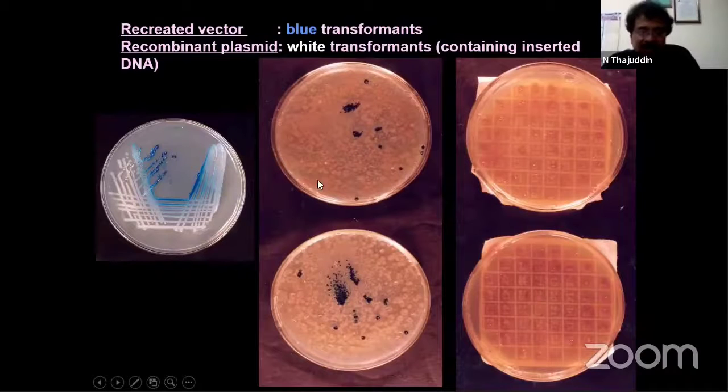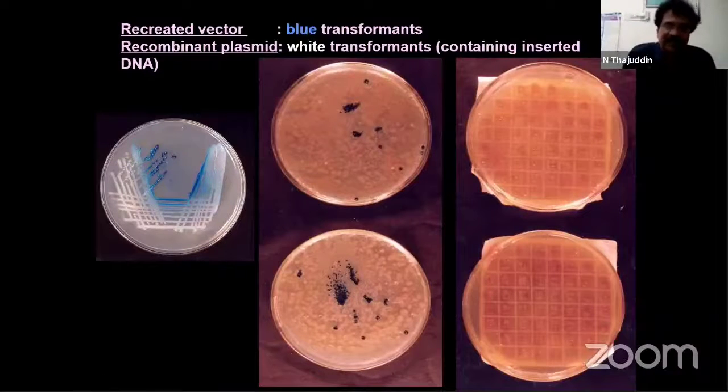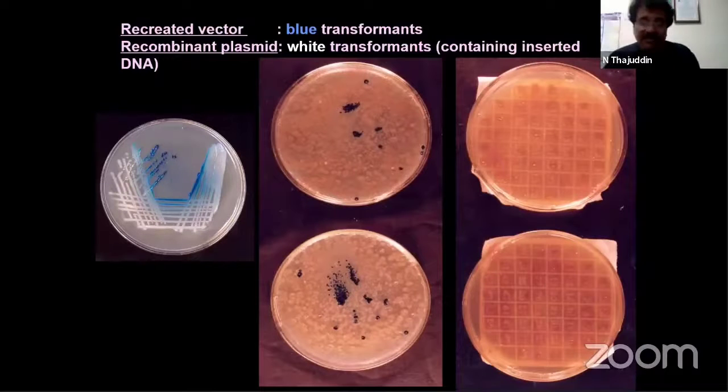Whereas the white colored colonies denote that the plasmid is not intact, the lacZ site is disturbed by the insertion of the PCR product. So the lacZ enzyme is inactivated, and we get white colonies. The untransformed cells, because they are ampicillin sensitive, won't grow in this medium, as it contains ampicillin.